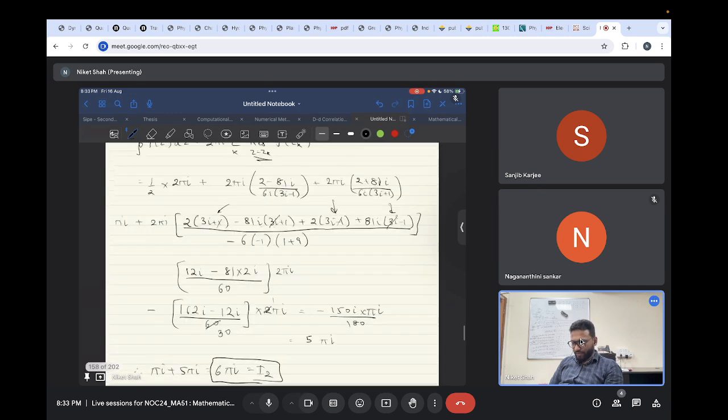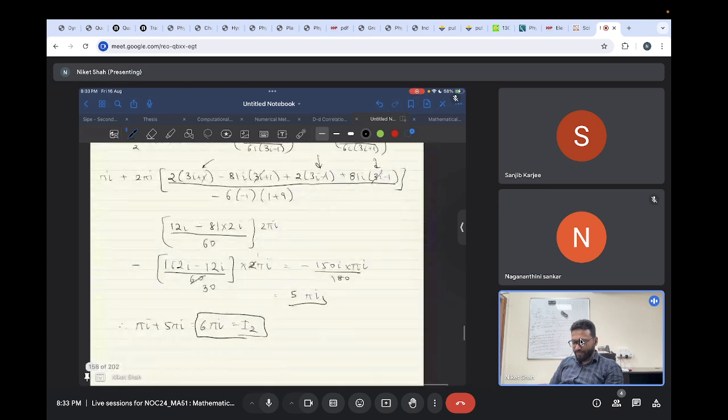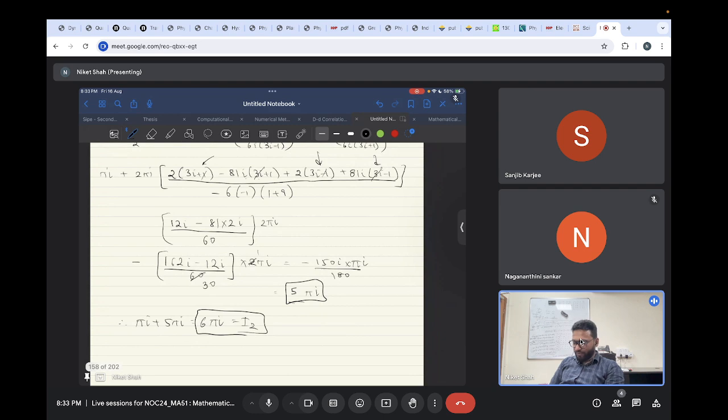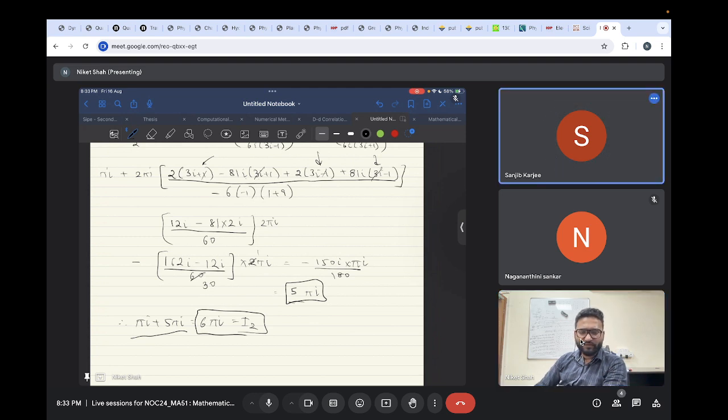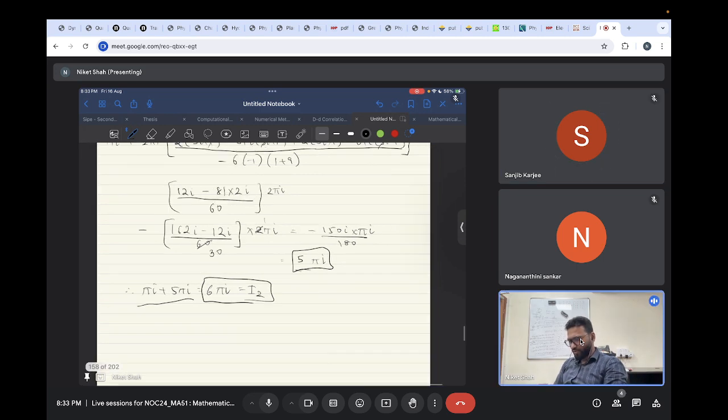And when we solve it correctly, we get this as plus 5 pi I. So what I have to do is eventually just add them up. No, no, did I address your confusion? There is no confusion. Okay, okay, okay, okay. Thank you.